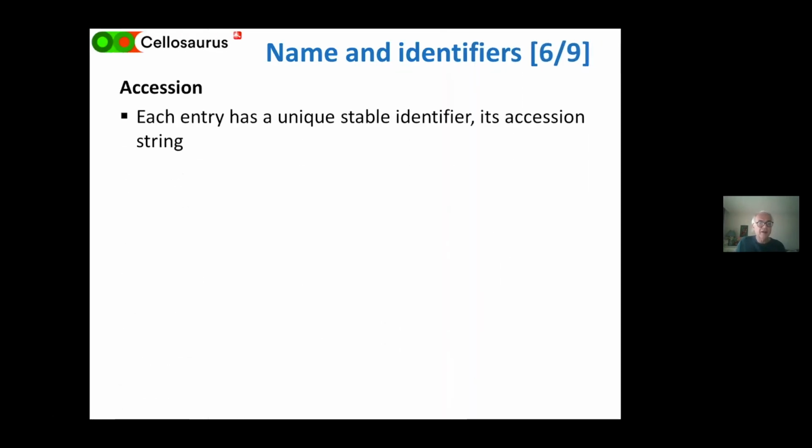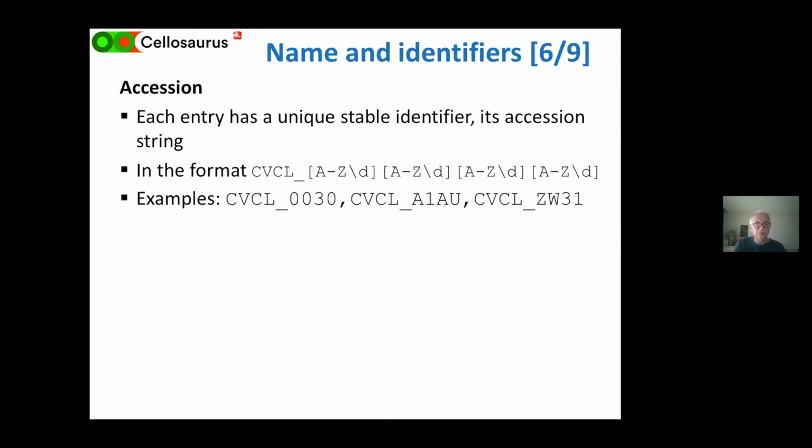Now, you need not only an entry name, a cell line name, which can change over time, but like every resource in the world of life science or every other world, you need a unique stable identifier, the accession string or accession number. Here is the format of the accession numbers in the Cellosaurus. So there is CVCL, which dates back from the time that it was a controlled vocabulary for cell lines.